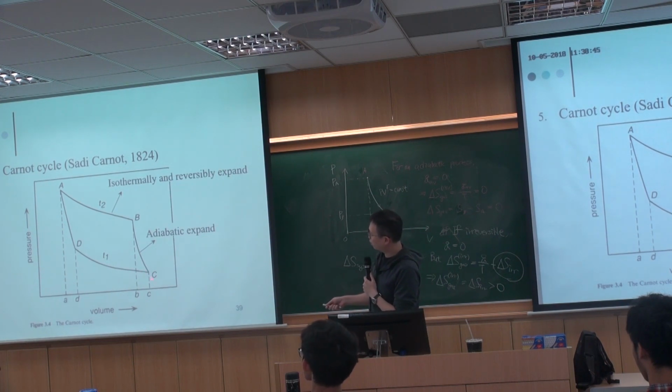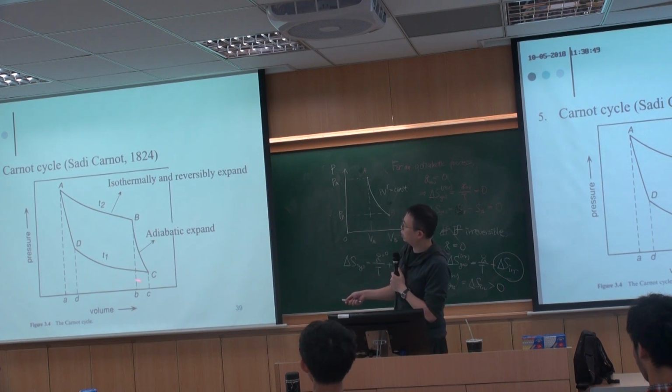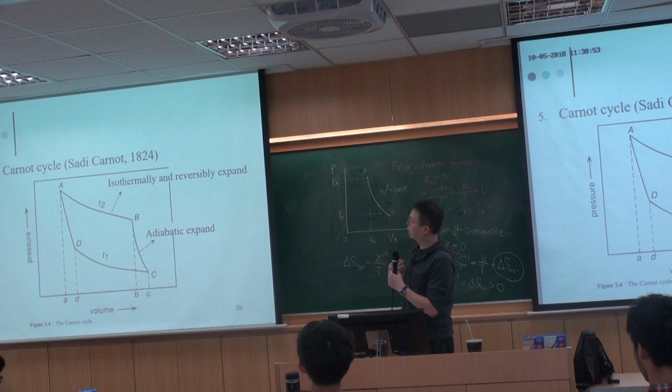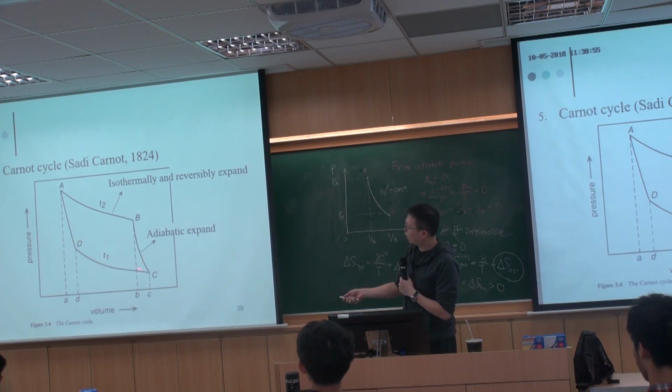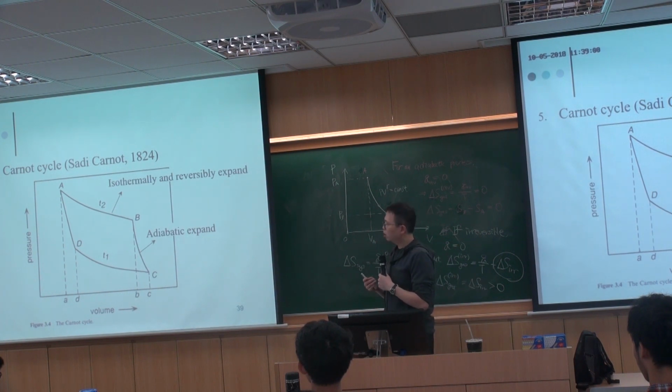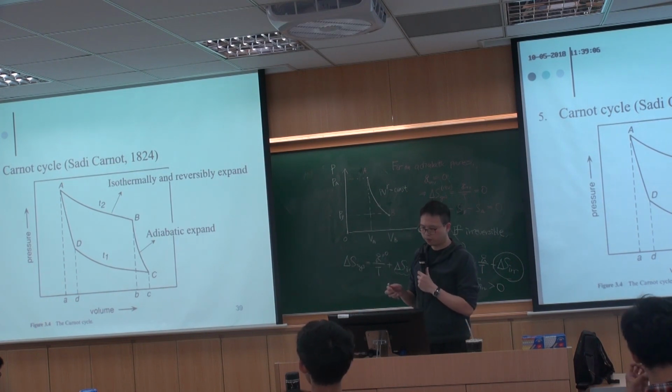Once it reaches this point, C, it will go back isothermally. So here is another isothermal process, and it's a reversible compression from state C to state D. So the volume of the gas is being compressed. And then later, you will go through another adiabatic compression to go back to the original state.